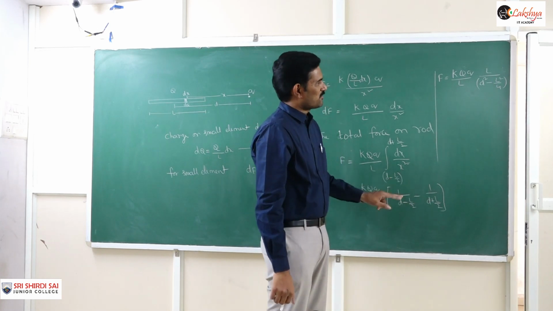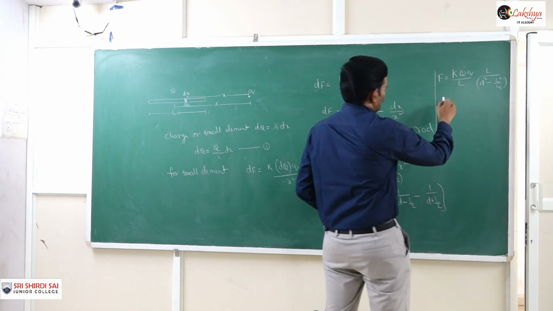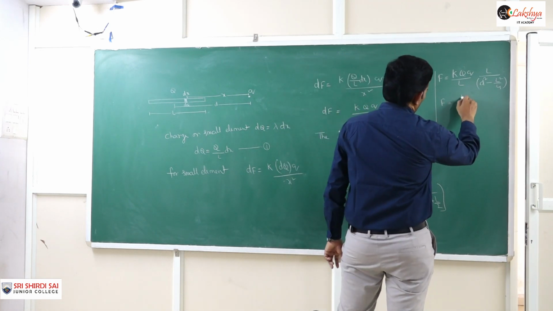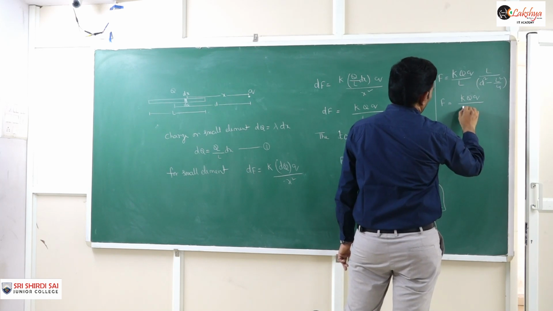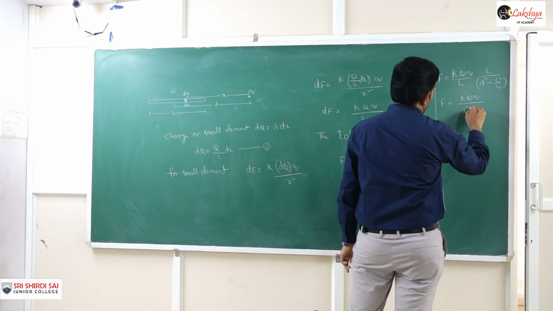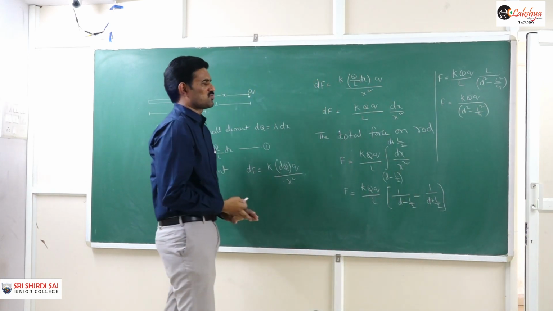So the minus d and plus d will be cancelled, and you will get it like this. And now we can cancel this L. So finally this is q by d square minus L square by 4. That will be the expression for the force between those two charges.